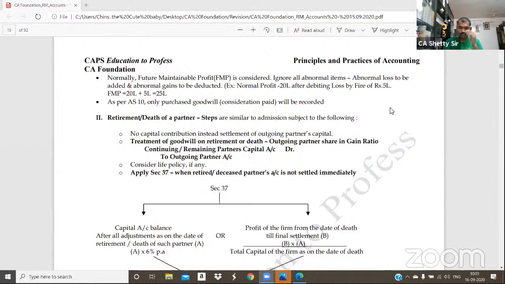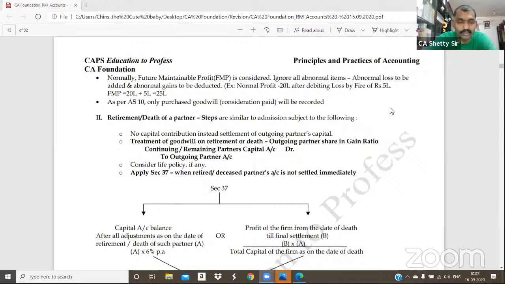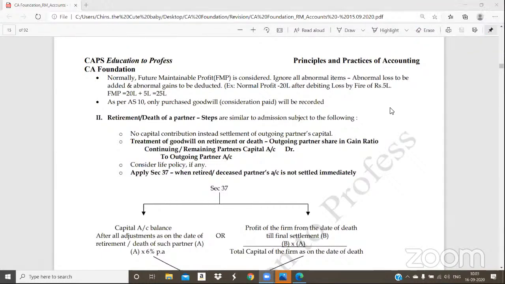Answers under all the methods need not be the same. Under super profit, how much goodwill did you get? 60 lakh. Here, how much? 150 lakh. So they need not be the same. Don't think they should all match, because they are approaches. All of you understood? Yes, sir. Very important, again, because it is part of discussion.